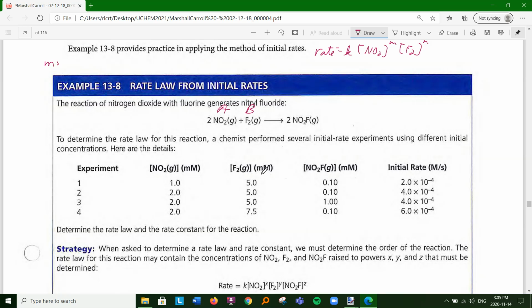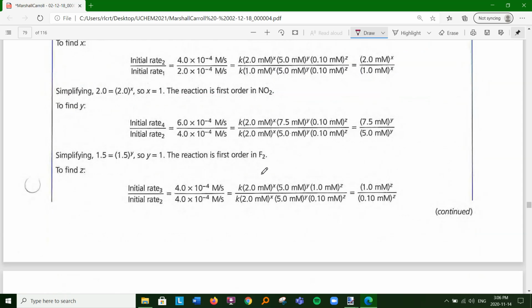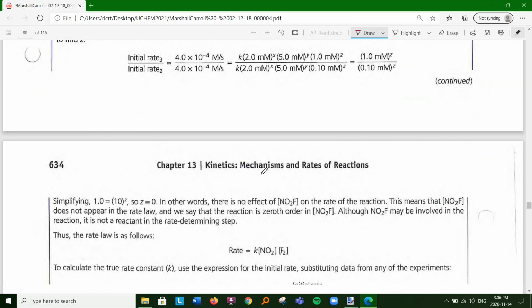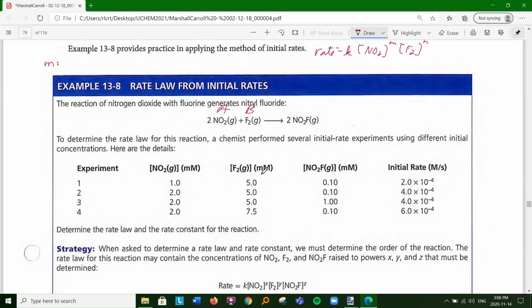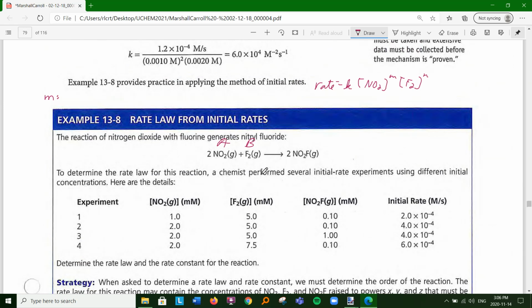Oh, I may not do this one because they throw in the product side. Unless it's to the 0. Well, apparently it is to the 0. So let's see if I can dodge my way through this one here.